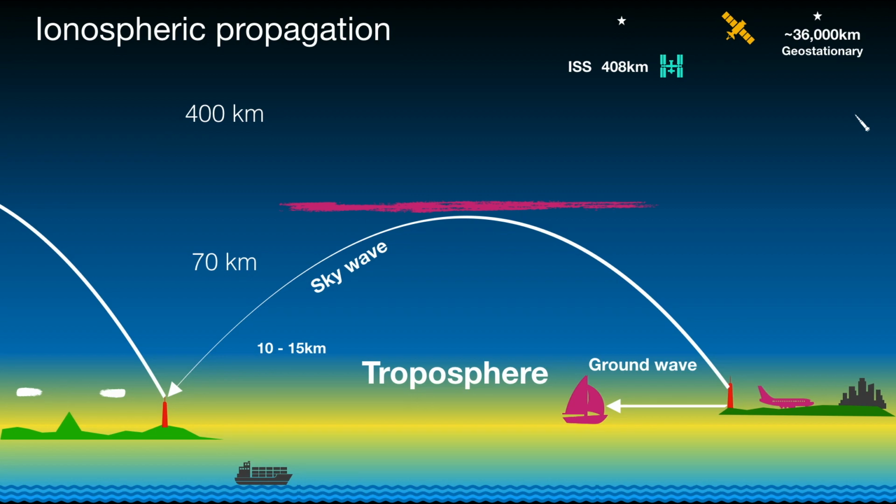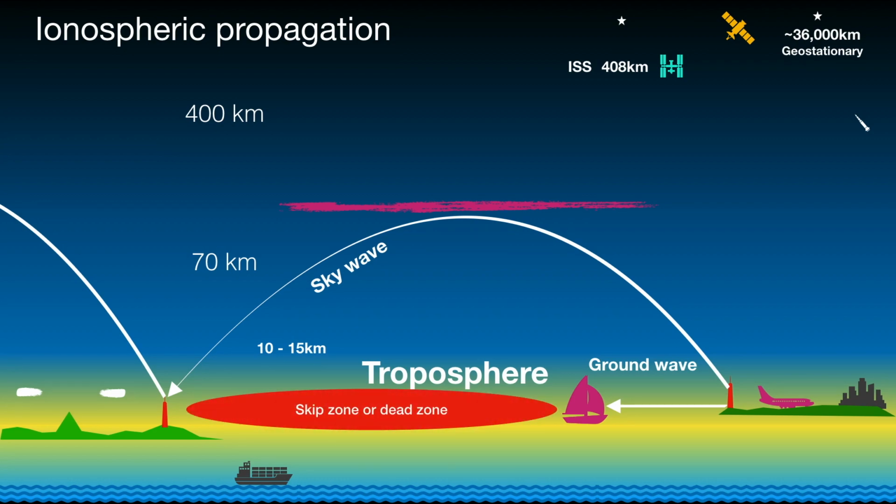However, the sky wave is the main mechanism for international communication, or DXing. Now, between where the ground wave peters out and the sky wave lands is the skip zone or the dead zone. Again, not required for the foundation course, but just to complete the picture there.